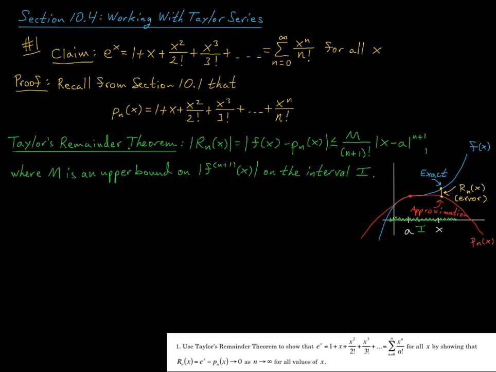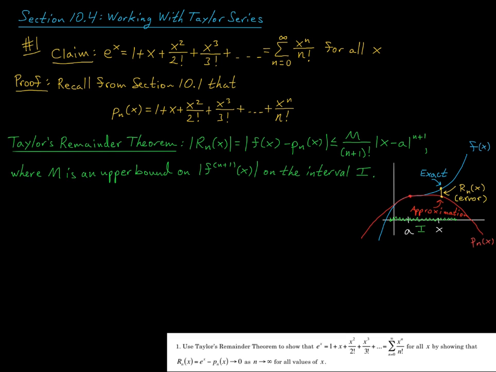Now what Taylor's remainder theorem says is that the error in absolute value is bounded above by this quantity M over n plus 1 factorial times the absolute value of x minus a, raised to the n plus first power. And recall that M here is an upper bound on the n plus first derivative of f in absolute value on the interval I, where I is an interval that contains the center of Pn of x, that's this number a, and it contains x.